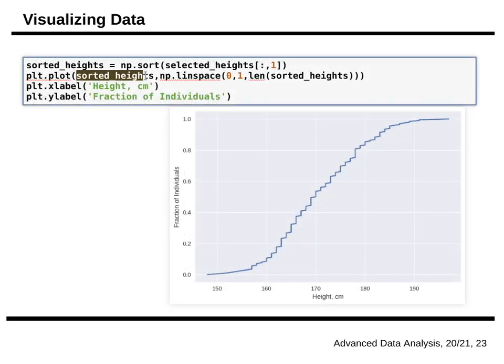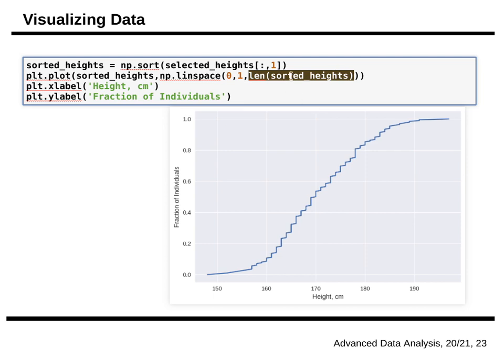First, we give the heights, so that the plot function uses the heights as the x-axis, the first axis. And then for the y-axis, we give a uniformly distributed set of points, evenly distributed between 0 and 1, with the same number of points as the persons that we have.